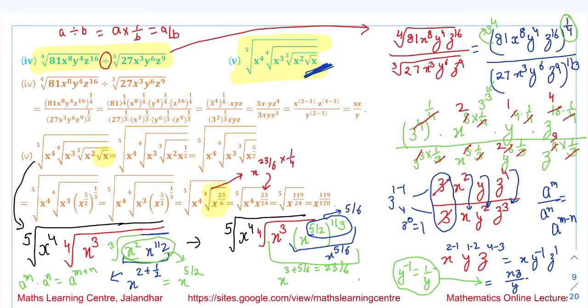So in the next step you will add these two terms, so it will become x raised to the power 4 plus 23 by 24, and this whole power will become 119 by 24, and it is the fifth root over here. So fifth root over here means the next term you will get is x raised to the power 119 by 24 into 1 by 5, and the answer is x raised to the power 119 by 120.